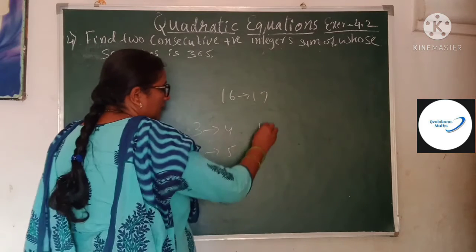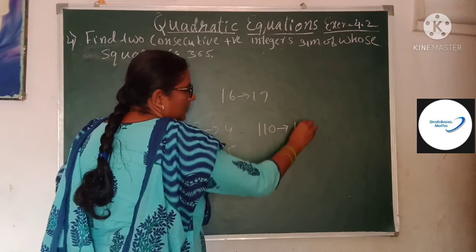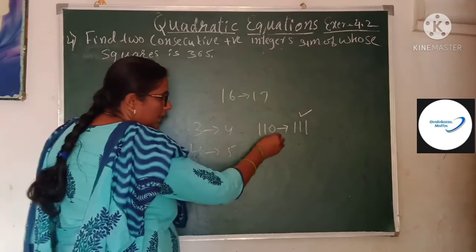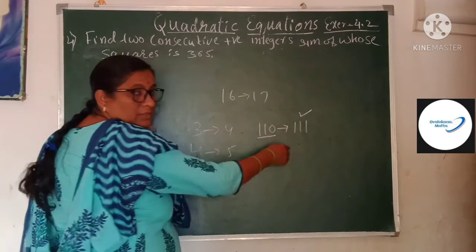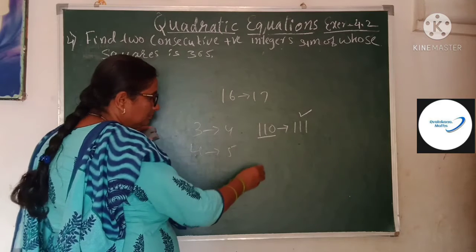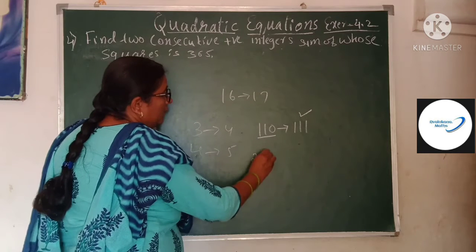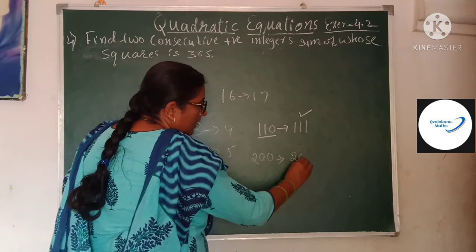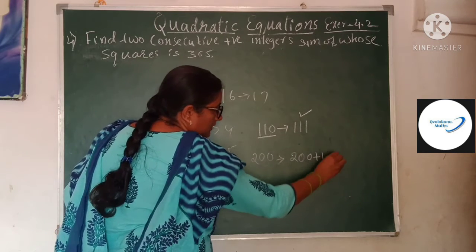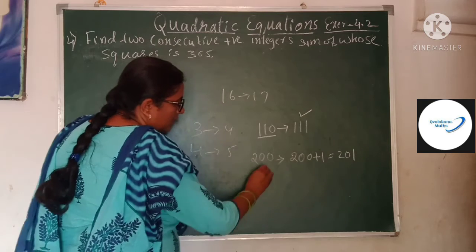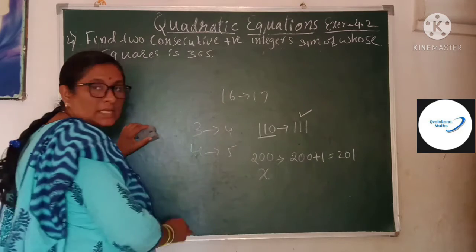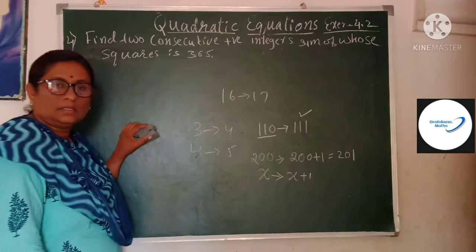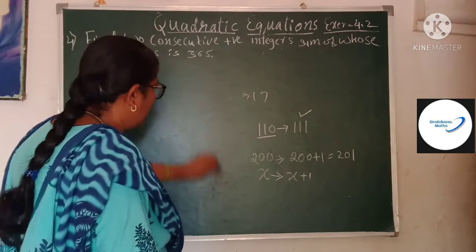The consecutive of 110 is 111. If 200 is your number, the consecutive of 200 is 200 plus 1, that is equal to 201. In the same way, suppose I have taken the number as x, the consecutive of x is x plus 1. Okay, now let me continue with this one.